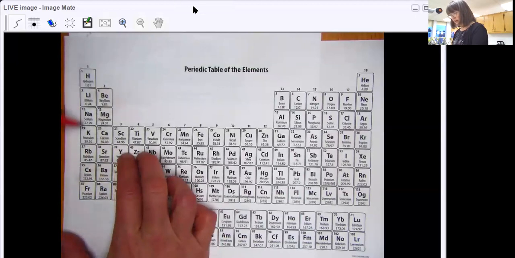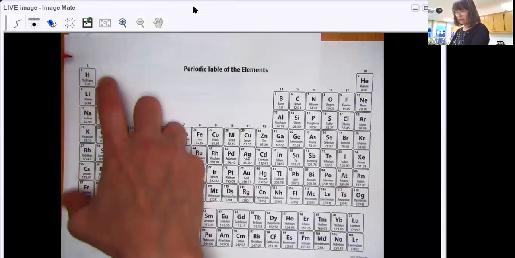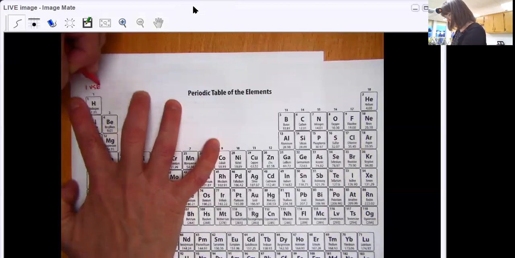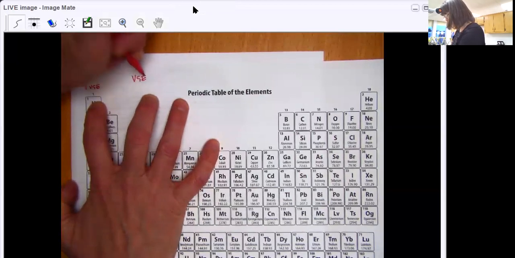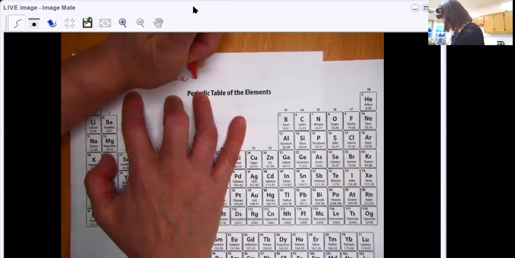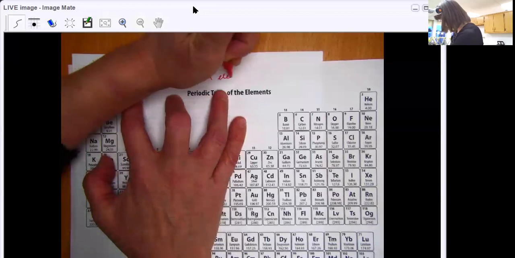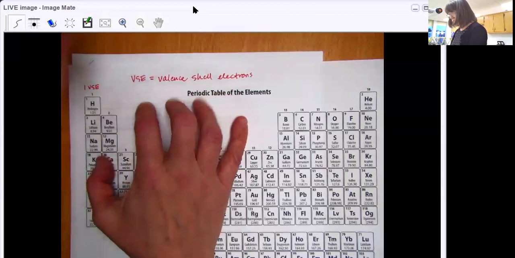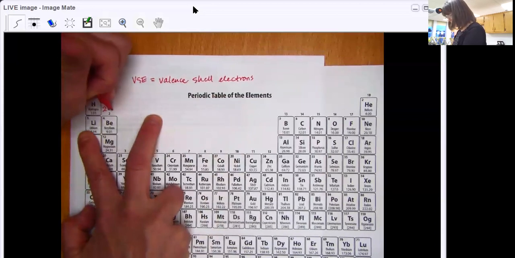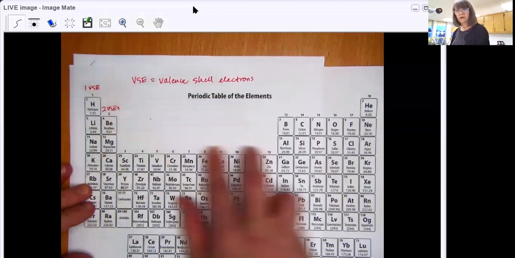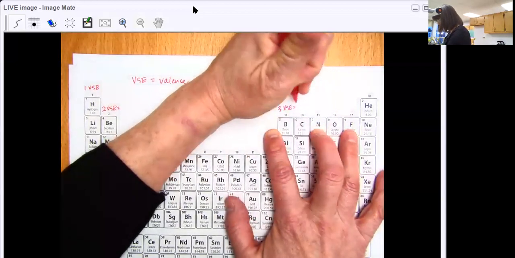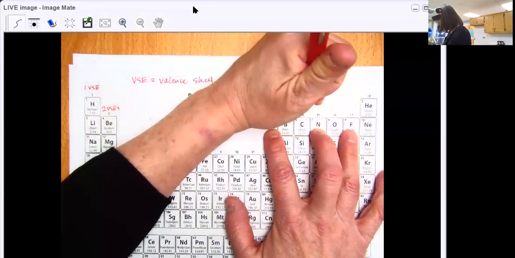For example, we said that the alkali metals, as well as hydrogen, had 1 valence shell electron, which I'm going to abbreviate VSE. The column with beryllium, the alkaline earth, had 2 valence shell electrons. Boron's column had 3. Carbon's had 4.